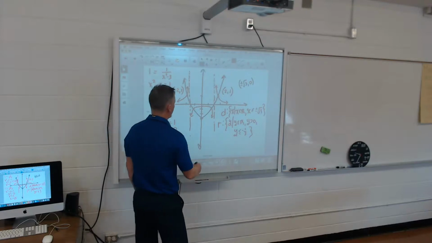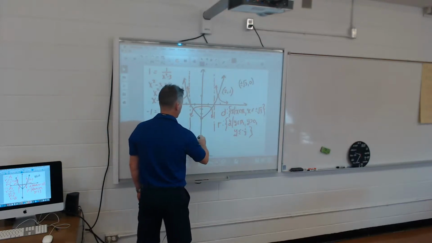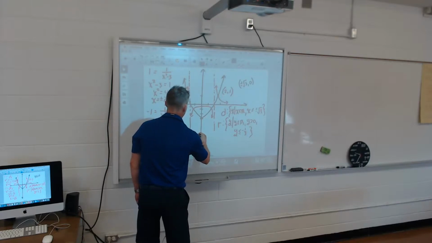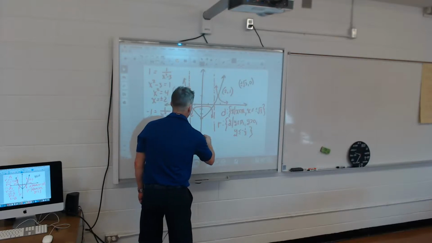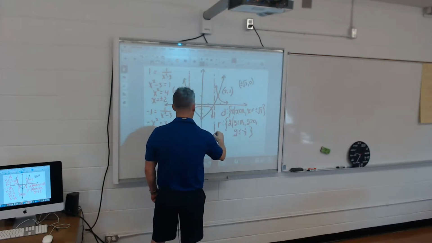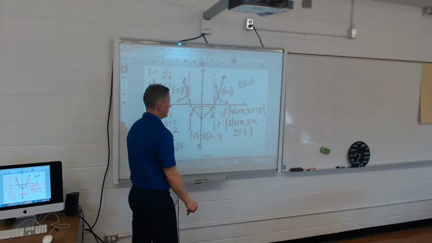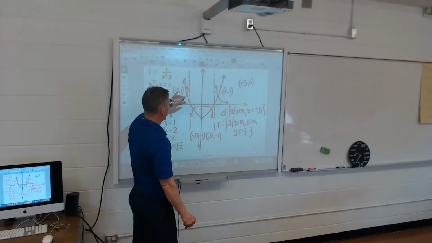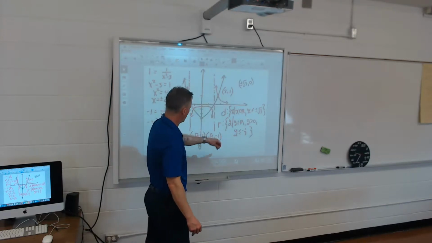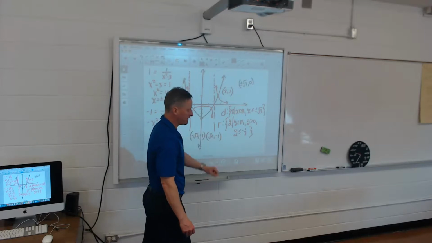So my invariant points down here, it's kind of messy, would be minus root 2 and negative 1. And this one up here would be root 2 and negative 1. So my four invariant points, Austin, are minus 2 and 1, 2 and 1, minus root 2 and negative 1, root 2 and negative 1.